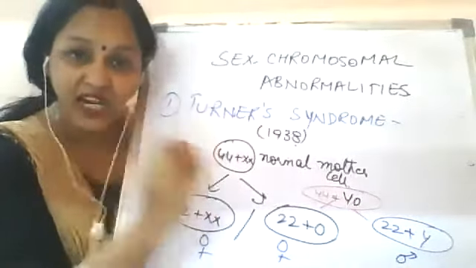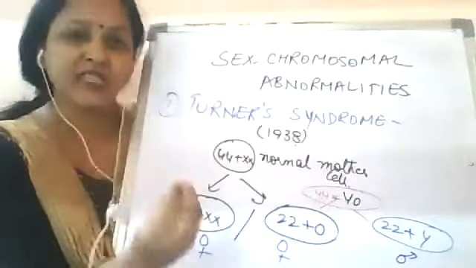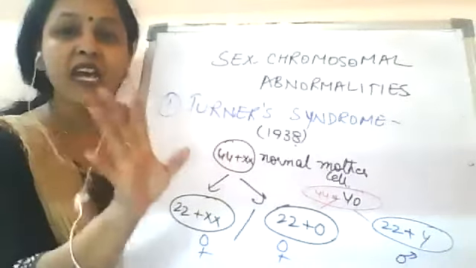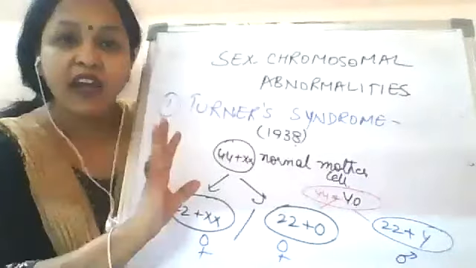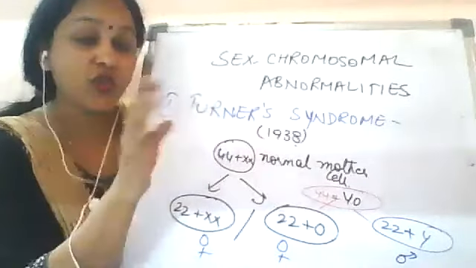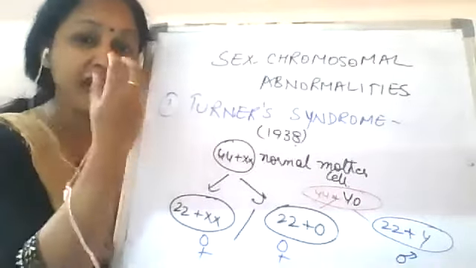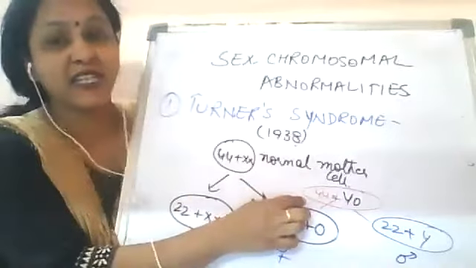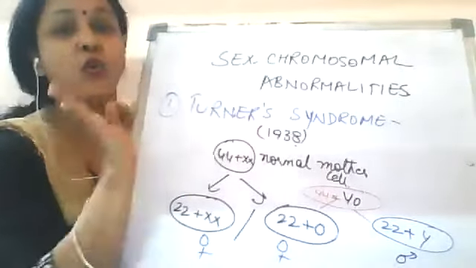They cannot survive. The moment such a zygote is formed and the child starts developing, that child dies, and such children are never born. So only females that have only one X chromosome can be born, but these are sterile females. No males can be born with only Y and no X chromosome.